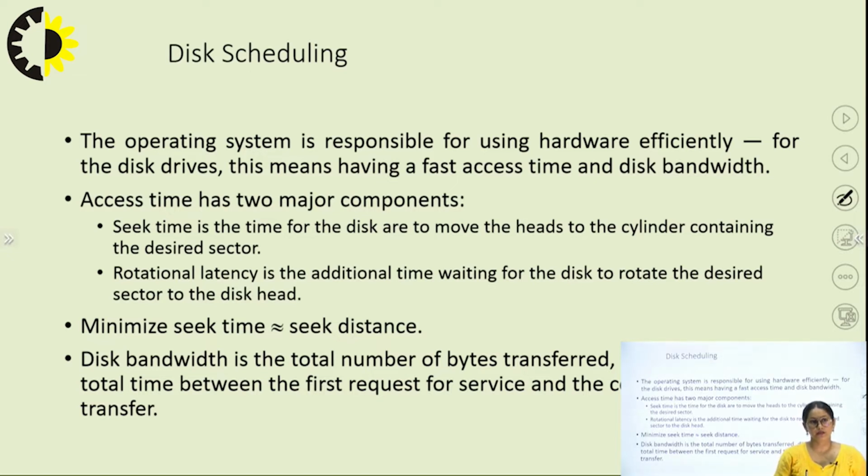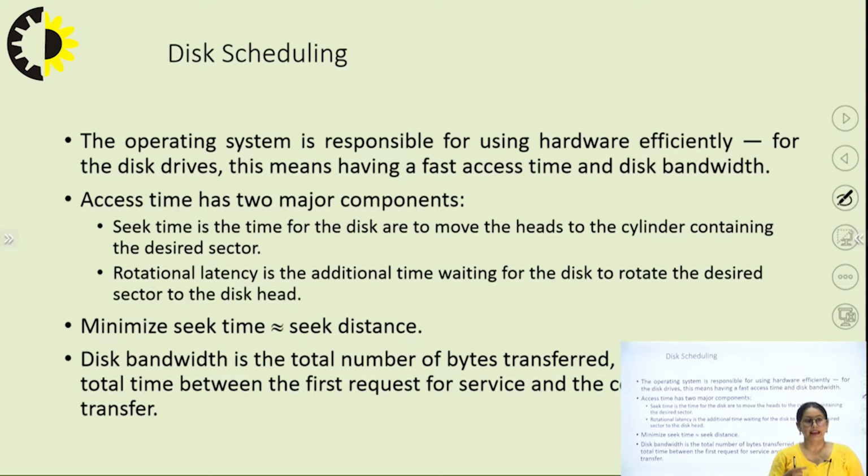Your operating system is responsible for using hardware very efficiently. That is the first and major requirement for any hardware: it needs to be accessed in an efficient manner. For all disk drives, it means you need to access the storage at a very fast pace, so the access time is short or the bandwidth is high.